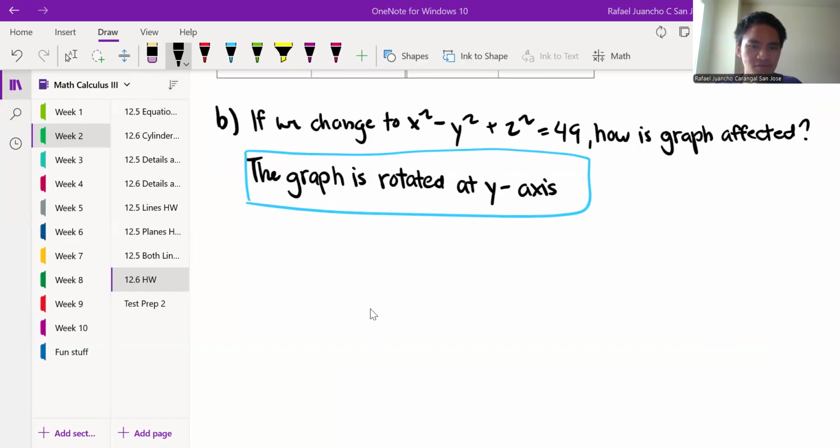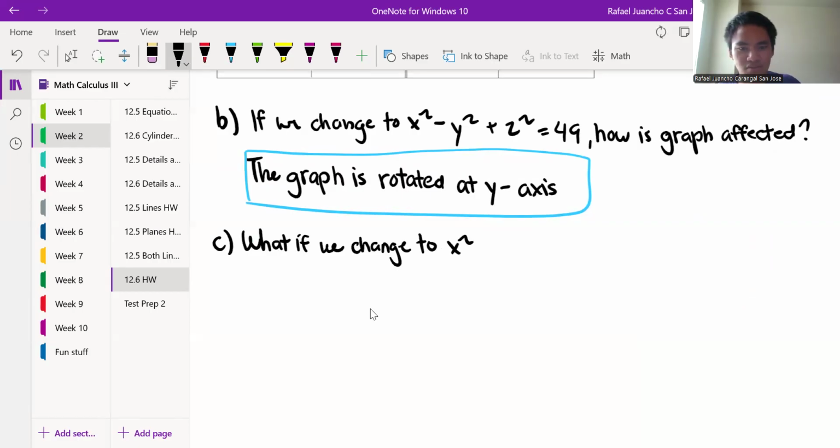Ooh, now this is another interesting one. What if we change to this thing? x squared plus y squared plus 2y minus z squared equals 48. Now what would happen?